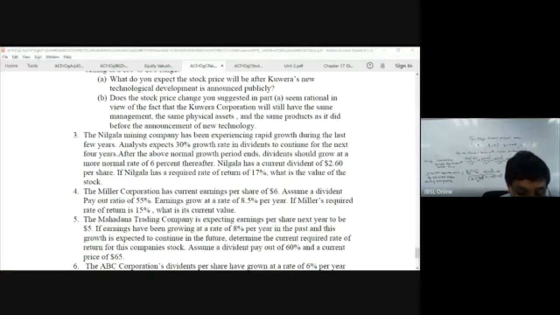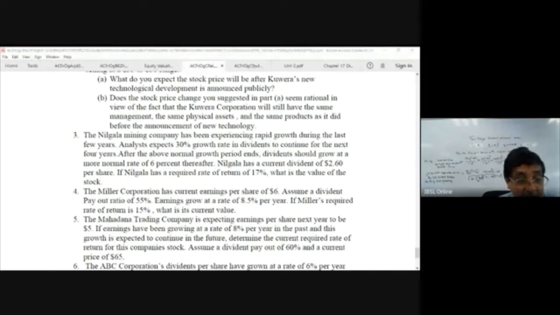Now the first term would be 260 into 1 plus 0.3, that is 1.3, divided by 1.17. That is the first term. The second term is 260 into 1.3 to the power 2 divided by 1.17 to the power 2.